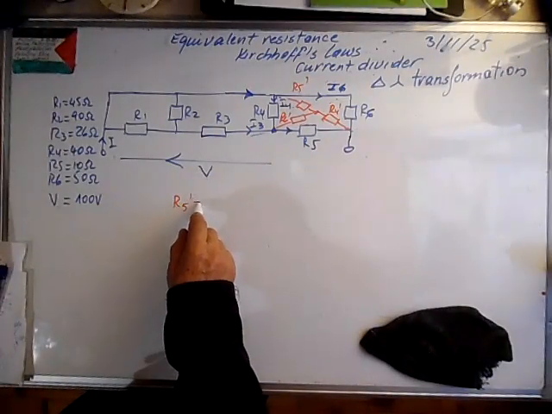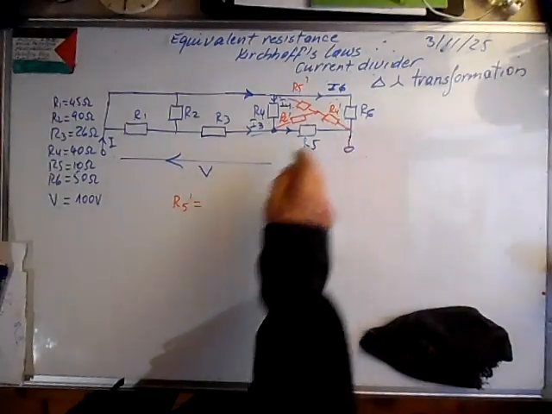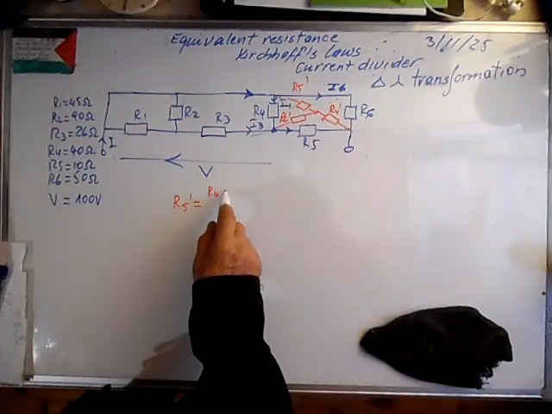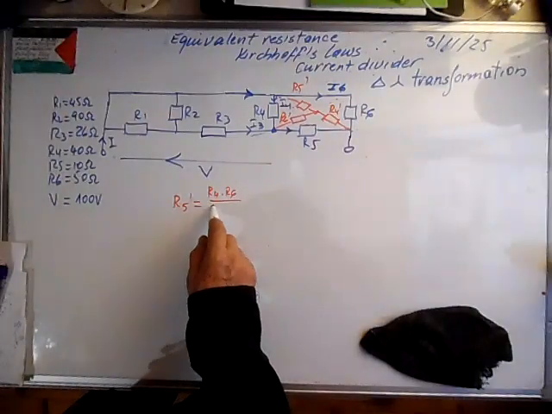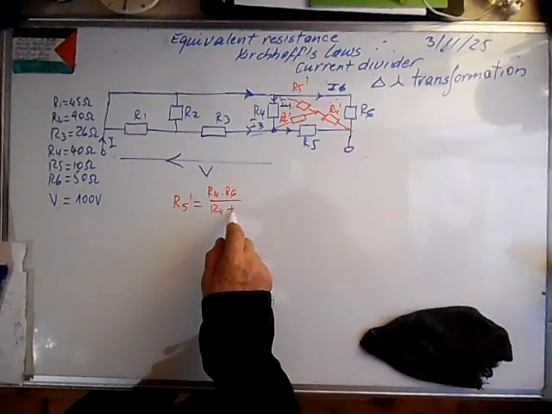R5 prime is R4 times R6 over the sum of the resistors.